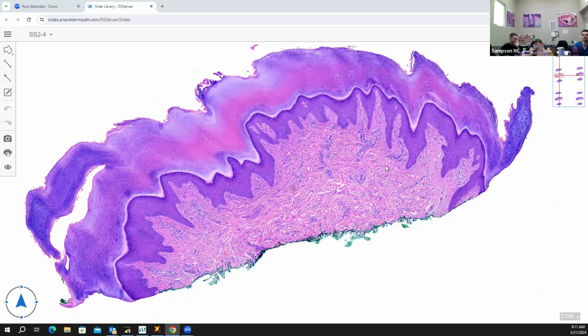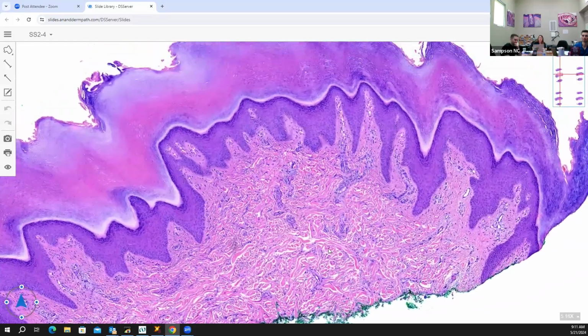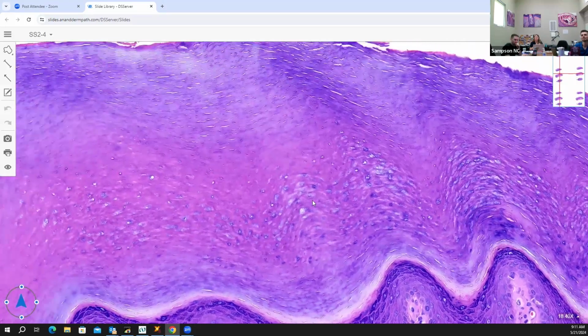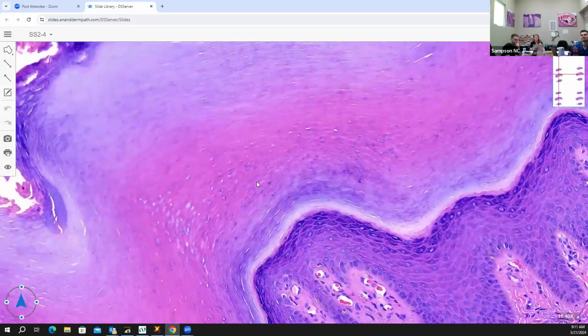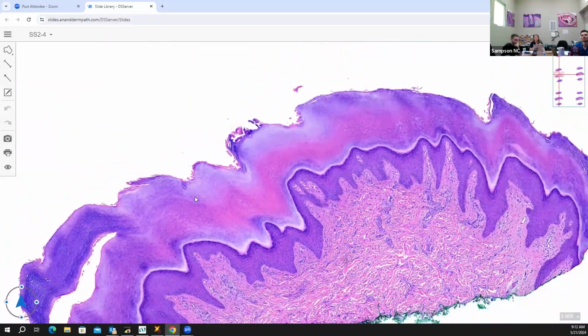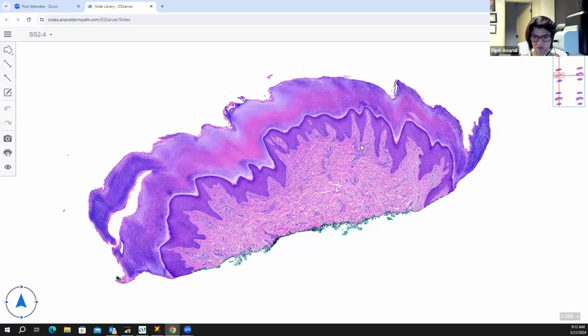Looking up in the stratum corneum, I was trying to see if there are any organisms at the top, like pitted keratolysis, but I didn't. So not much going on there. There's a little bit of a split in the stratum corneum, but I'm wondering, is that just artifact? Yes. Okay, so that leaves me with, I'm not sure.